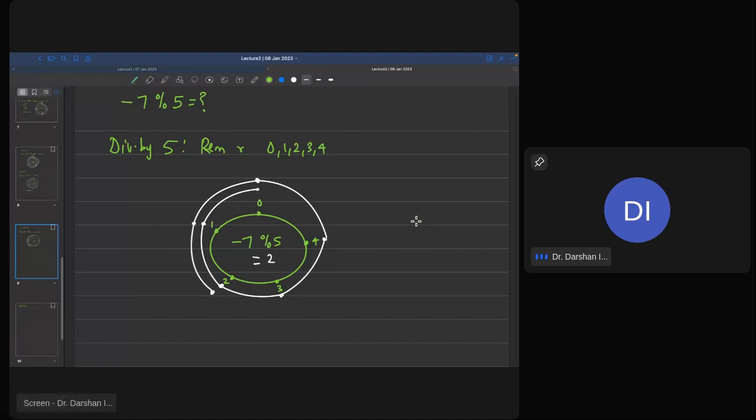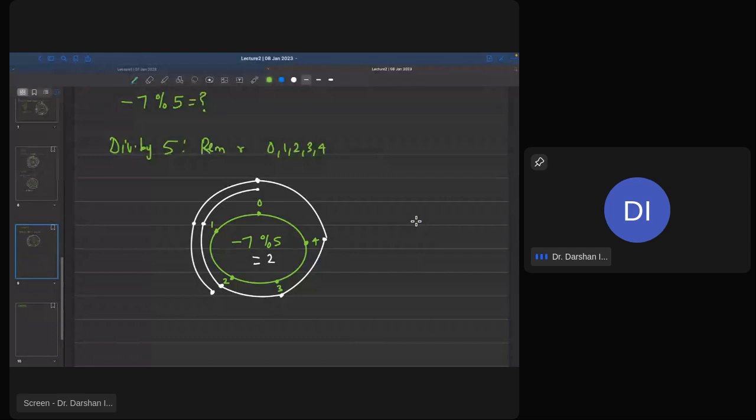Ideally, not required, but I'll just show it to you because you asked for it. How to calculate modulus of negative numbers. But honestly speaking, you don't require it, to be very honest.